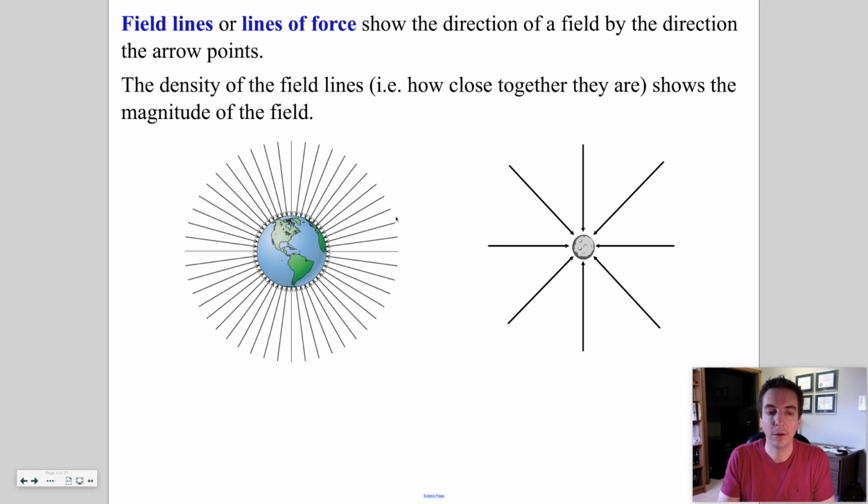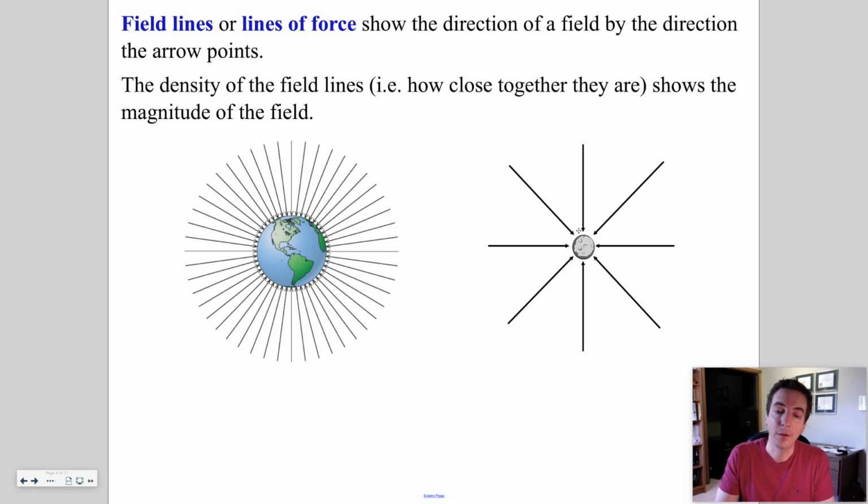So we notice here's the difference between the Earth and the moon. The field lines are about the same length. However, we know that on the moon there's less gravity than there is on the Earth. If you're on the surface of the Earth, notice how close these field lines are together. If you're on the surface of the moon, you've got field lines, but they're further apart.